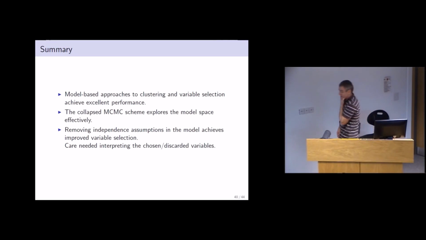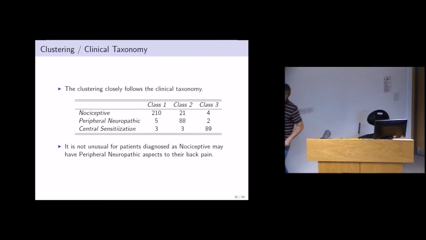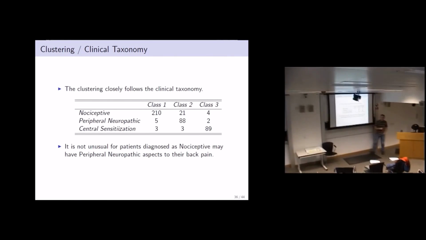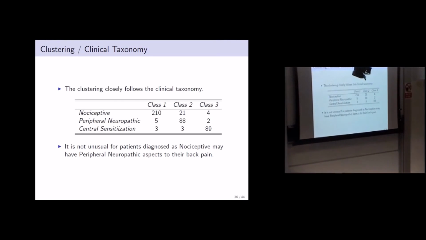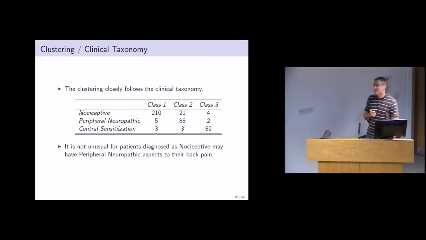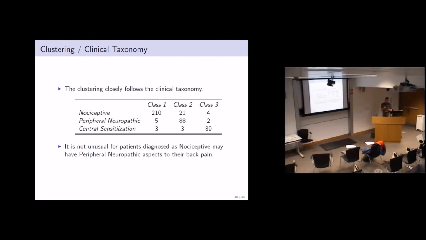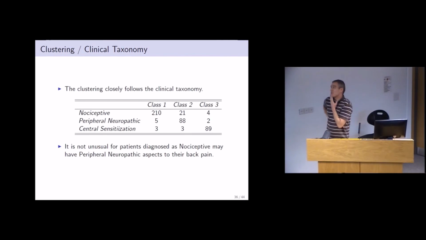You could argue this might even be evidence against the mixture assumption to some extent, that the patients that seem to be mixed up here. It's saying you're fully nociceptive or you're fully peripheral neuropathic. The latent variable Z assumes that you're fully one or the other, and you can't be a mix of both. So you could go down some of these models that allow people to be mixed across groups. It might be more realistic.